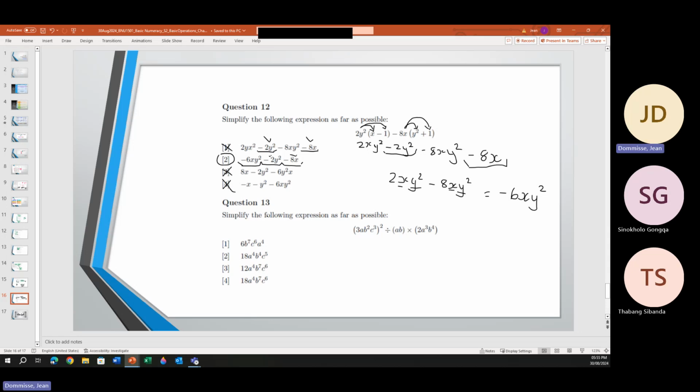And then I also want us to look at question 13, because this is also something that you might have gotten already. If not, it might be something that you might get in the exam.